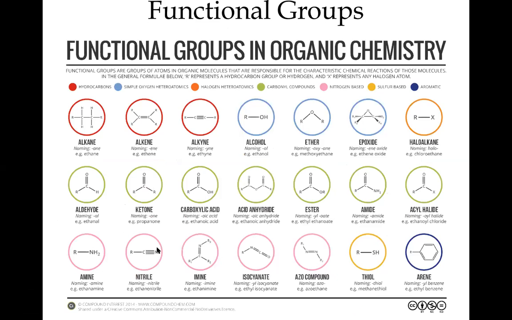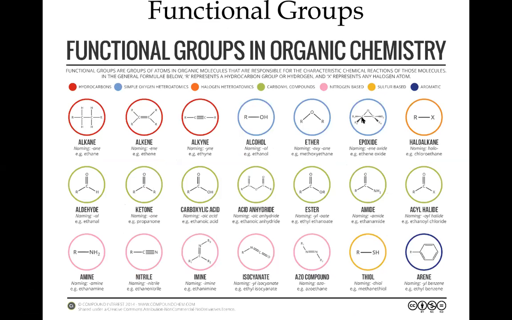Here's another way of looking at it. I like to try and provide more than one graphic for these things because some are better for certain people than others. And so if this one works for you, then you can look over this instead. It also has some additional groups, like epoxide based on this ring structure that's being formed.